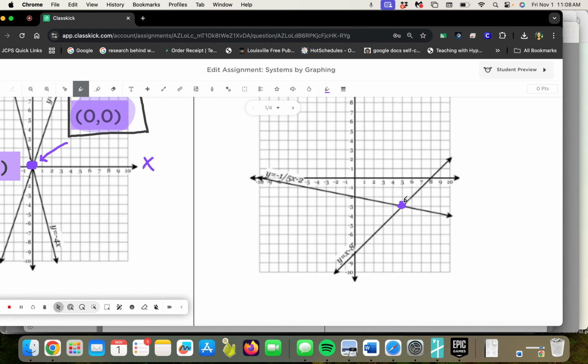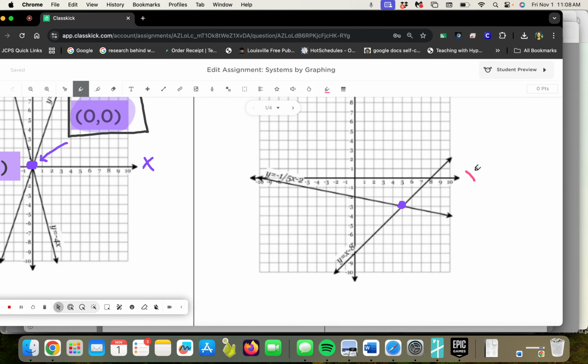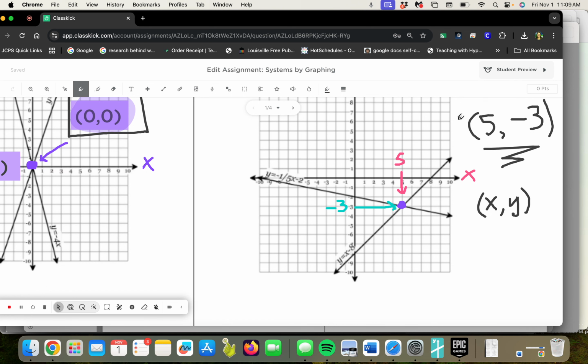My intersection point is right here where the two lines intersect, and the x-coordinate is right here at 5 on the x-axis, and then the y-coordinate is right here at -3. So my solution is (5, -3), because you know that your x comes first and then your y comes second.